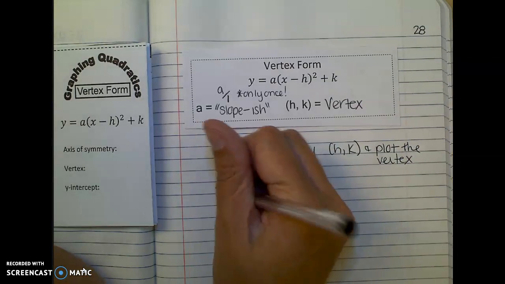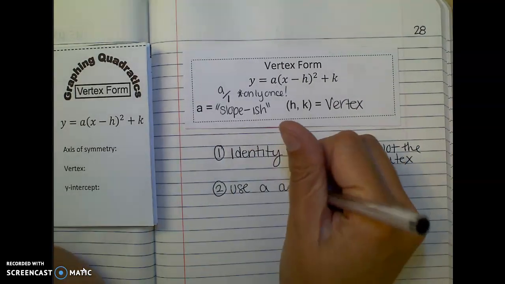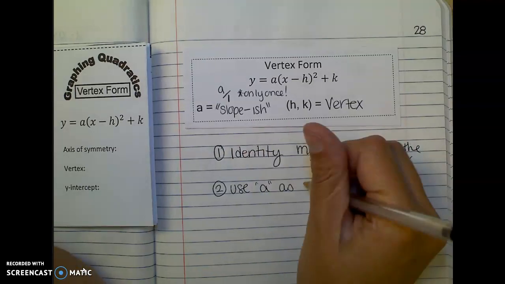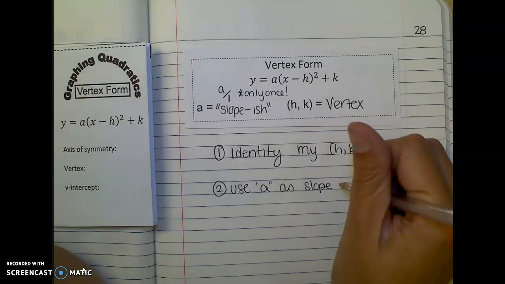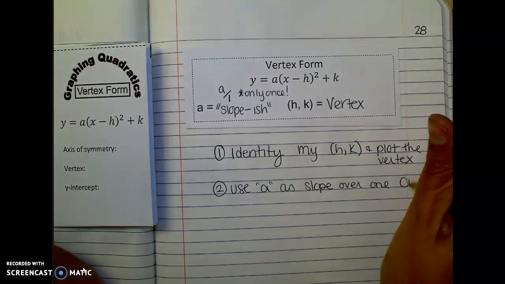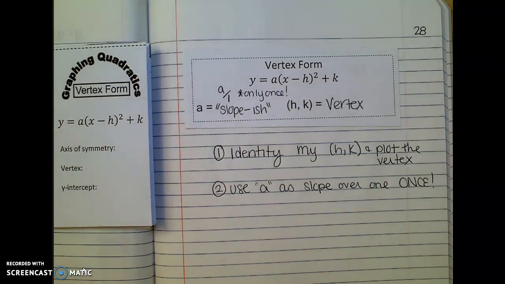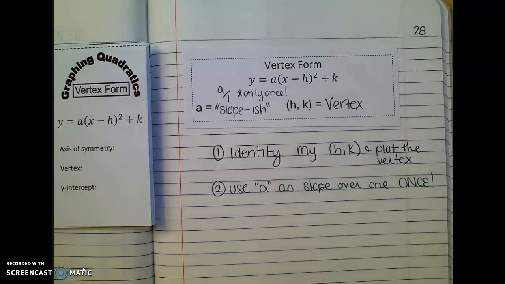And second, I would use A as slope over 1 once. You can only do it once. Now really that's only 3 points in my graph because I can do this slope in both directions because I have the U shape that I'm trying to get, just like we did with our V graph.